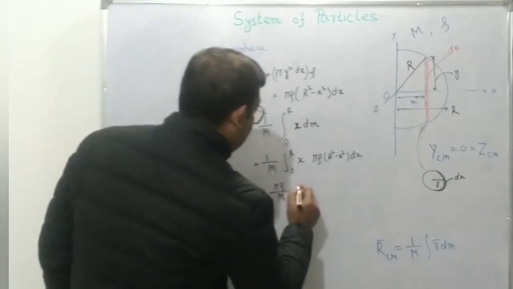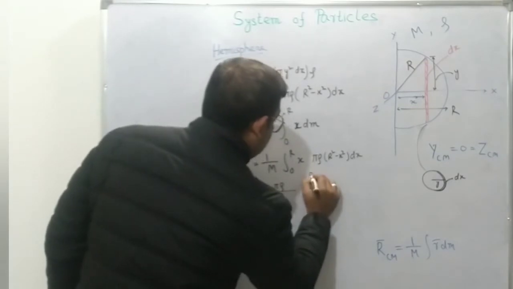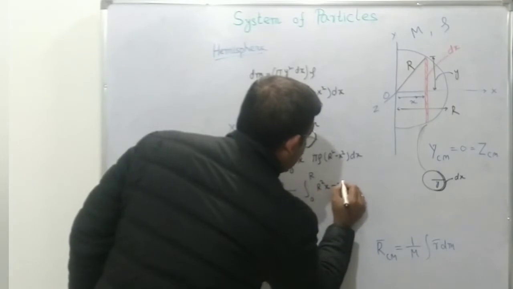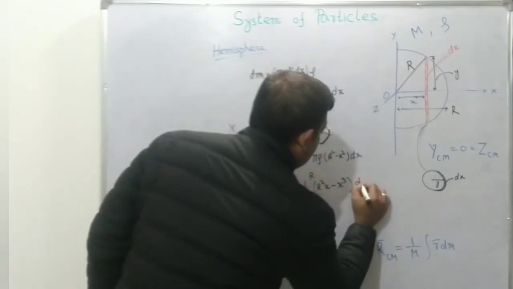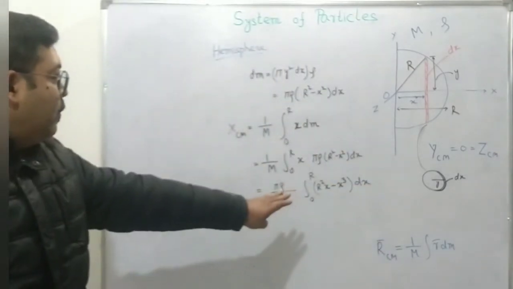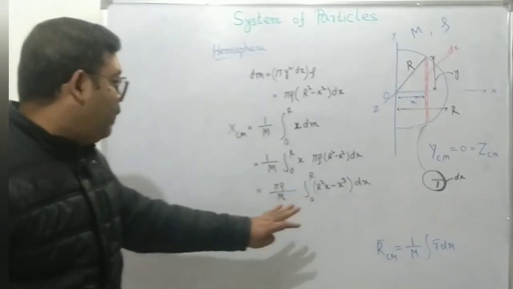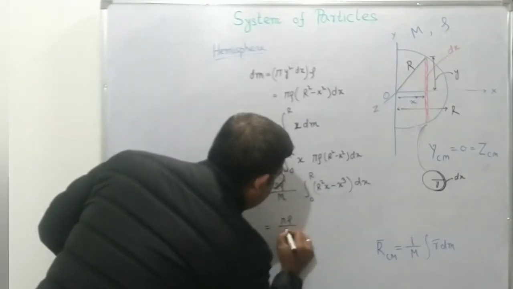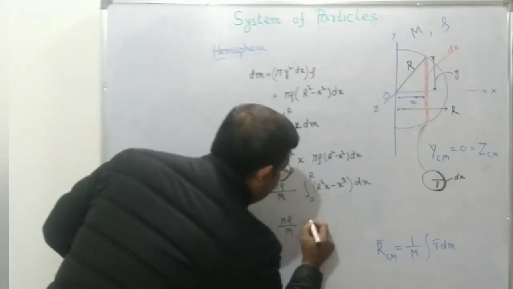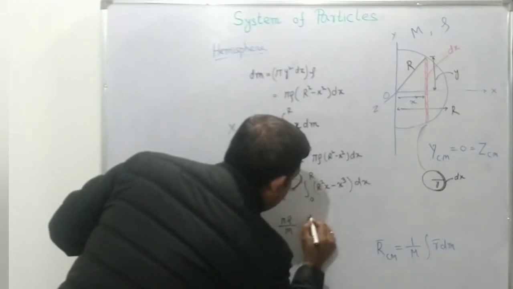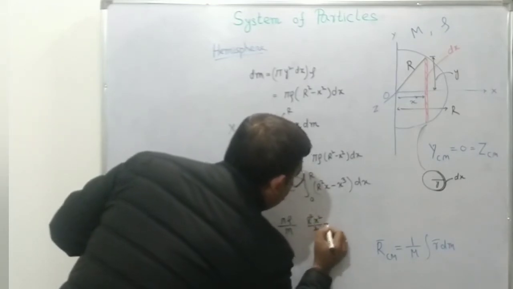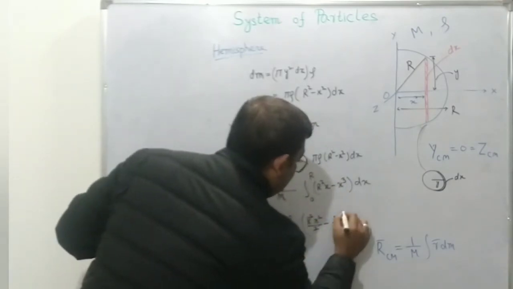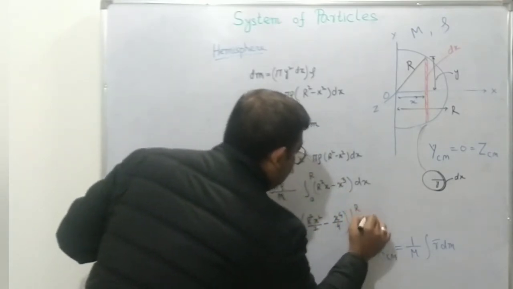Then what we have, integration 0 to r, multiply x and r square x minus x cube dx. Now we have found this equation in an integrable form, which will be very easy for us to integrate. That will be equal to pi rho by m integration. So we have r square into x square by 2 minus x to the power 4 by 4, whole thing from 0 to r.